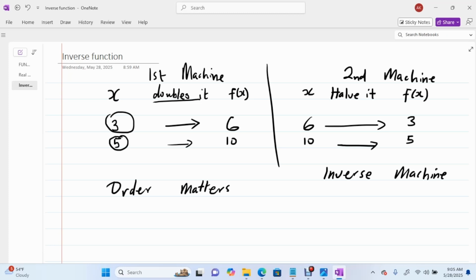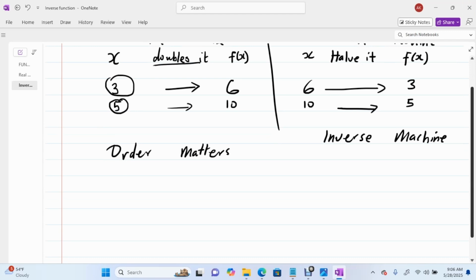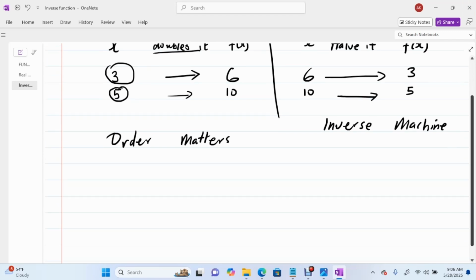Okay, so let's go through some functions here. We are going to call our first machine, which was doubling, a function of x, so I'm going to call it f of x. Because it's doubling, we will say it's equal to 2x, or you can call it x plus x.